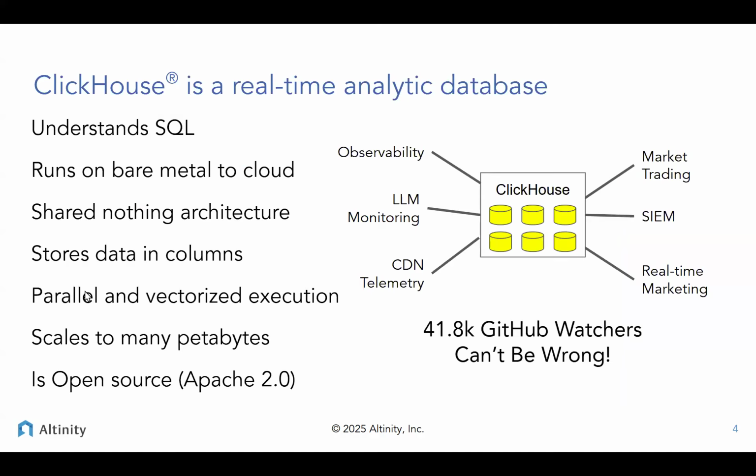Vertica is an example of one of the original creators of that, storing data in columns, parallel and vectorized execution, and the ability to scale to many, many petabytes. We have customers that we help who are ingesting up to 20 petabytes a day into ClickHouse, which is a lot of data.